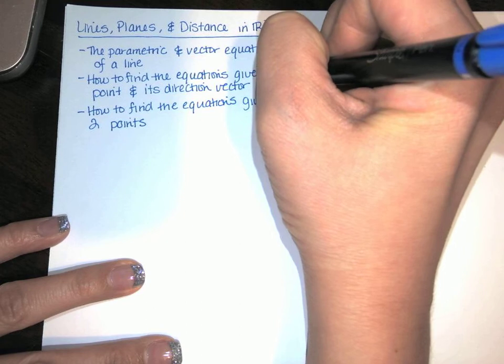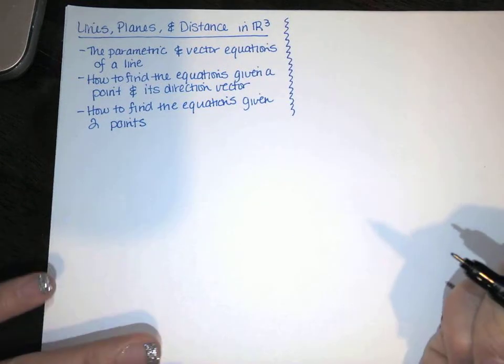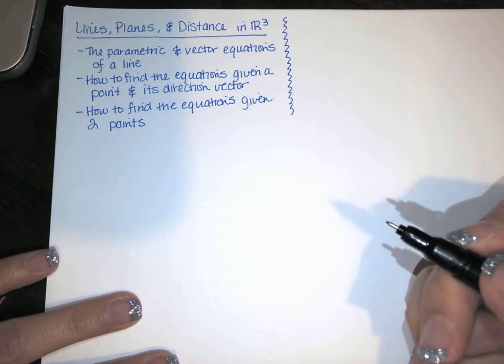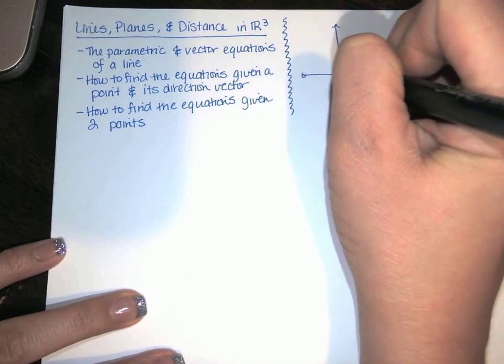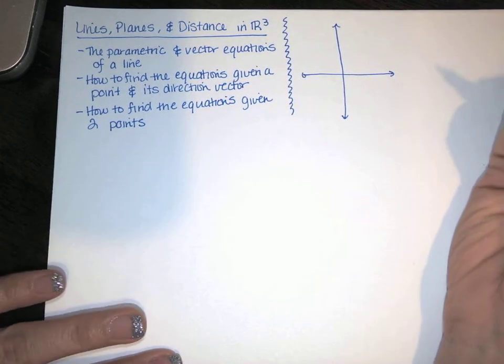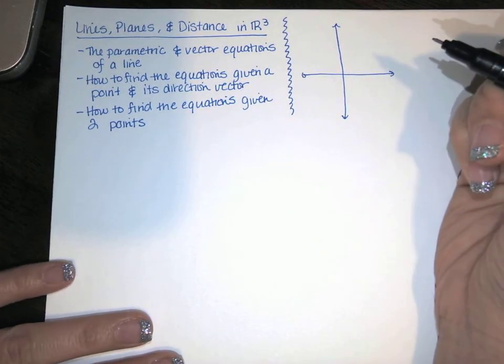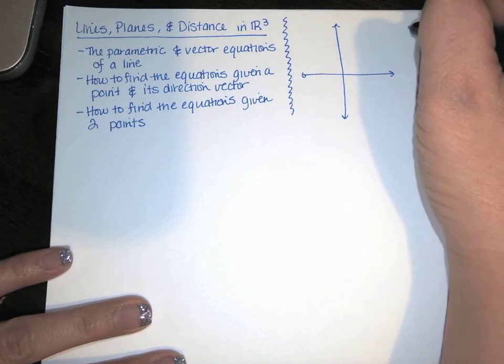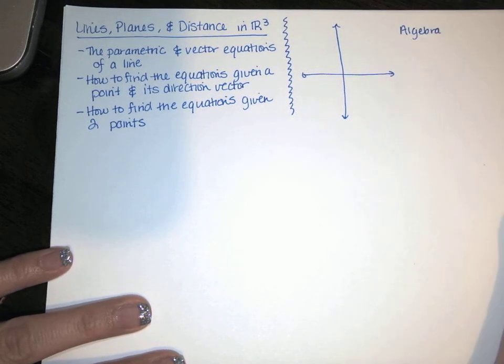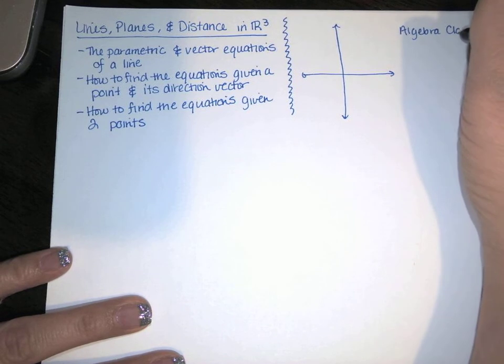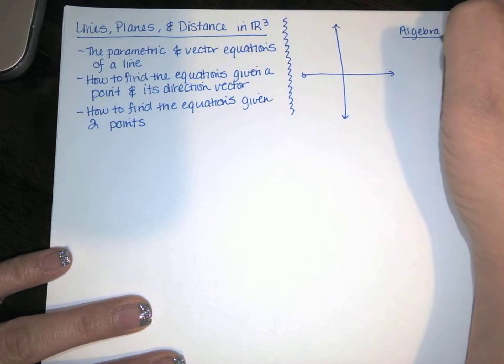Intuitively, this is just an extension of what we know about lines from algebra. So if I want the equation of a line in algebra class, well, two things define that line.